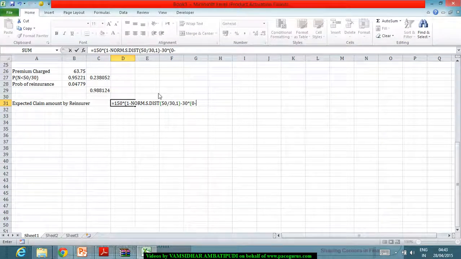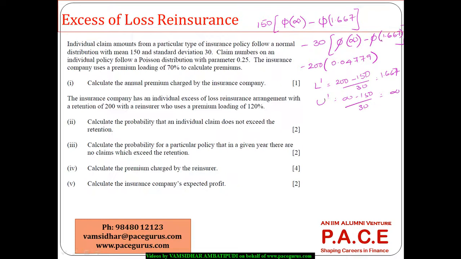Now, what is the formula for the standard density function? 1 by root 2 pi sigma squared times e to the power of minus half, right? Here sigma squared is 1 itself because it's a standard normal. So it comes out to 1 by root 2 pi e to the power of minus half x squared.